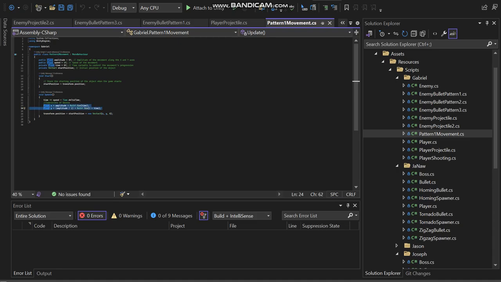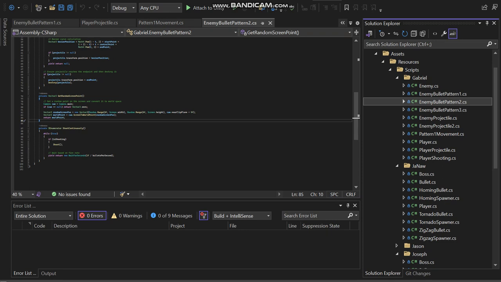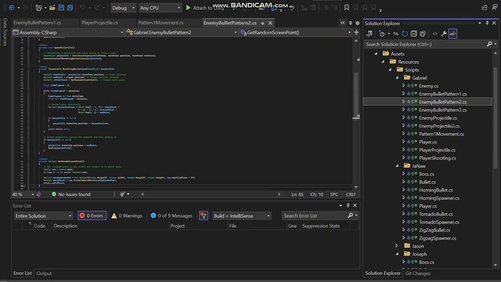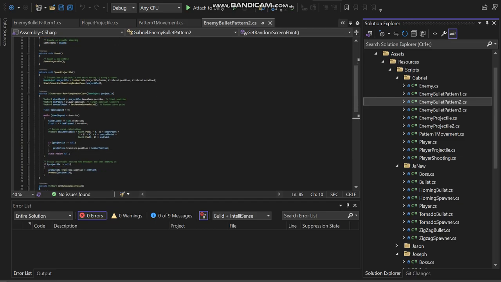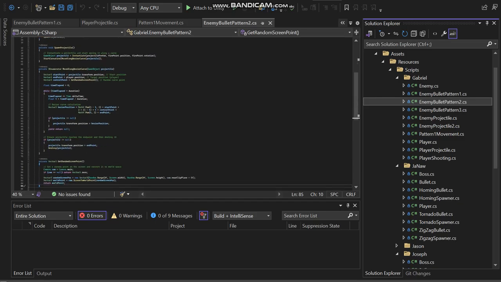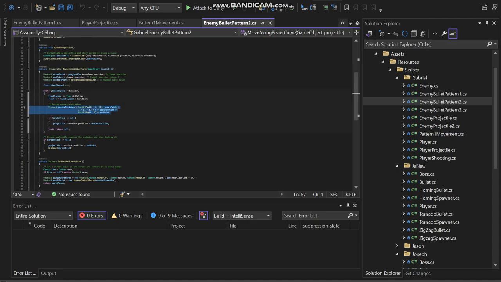To explain the bullet pattern, it spawns a projectile that moves along a Bezier curve, and the Bezier position is calculated using this equation over here, and it transforms the position using this Bezier position.